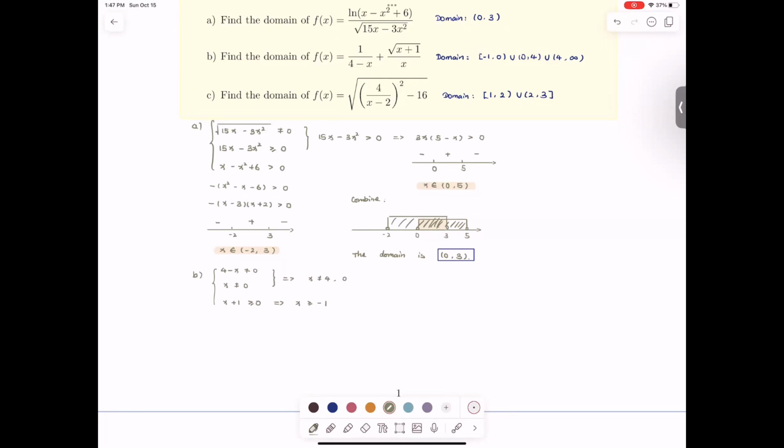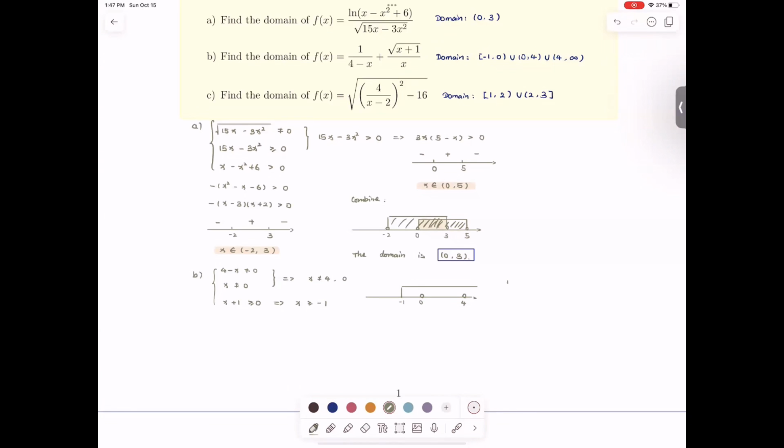So again, you can combine them together by drawing a real number line. So we have -1, 0, and 4. So remove 0, remove 4, and it has to be bigger than or equal to this. Okay, so if you draw this out, you'll see that this is a union of 3 different intervals, right? So that's the final answer.